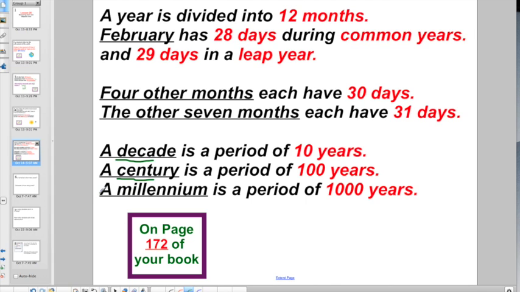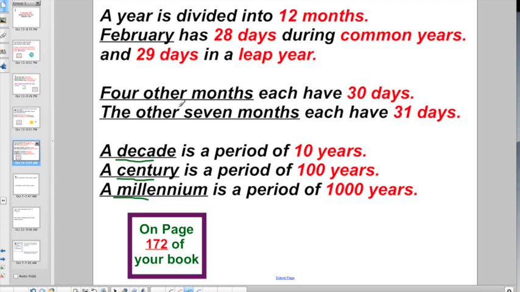And the last piece of information on page 172, a millennium is a period of 1,000 years, also based on the root word milli. Milli is 1,000. If you think of a million, that's really 1,000 thousands because there's 6 zeros on it, right?